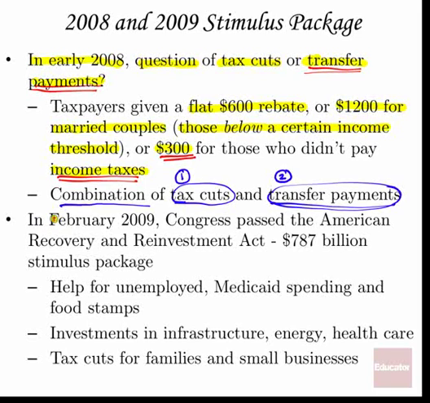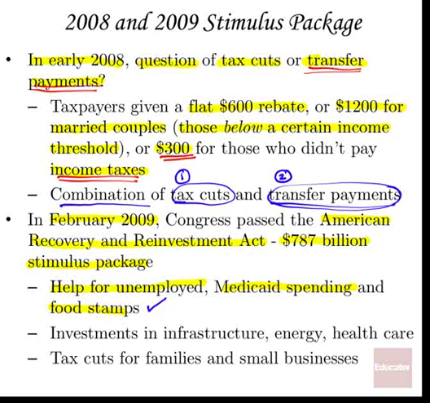So finally, in February 2009, after Obama had been elected President of the United States, Congress passed the American Recovery and Reinvestment Act, which was a $787 billion stimulus package. What it did was provide help for the unemployed, Medicaid spending, and food stamps. So there was a direct injection of money into the economy.